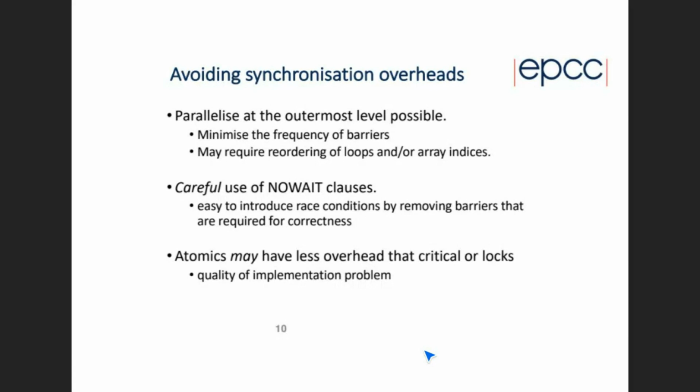So you think about trying to minimize the frequency of barriers like that. And as I say, it may not be straightforward. It might, for example, require you to reorder loops. But reordering loops has its own cost: if loops are indexing arrays, then you can also damage your cache behavior by doing that.